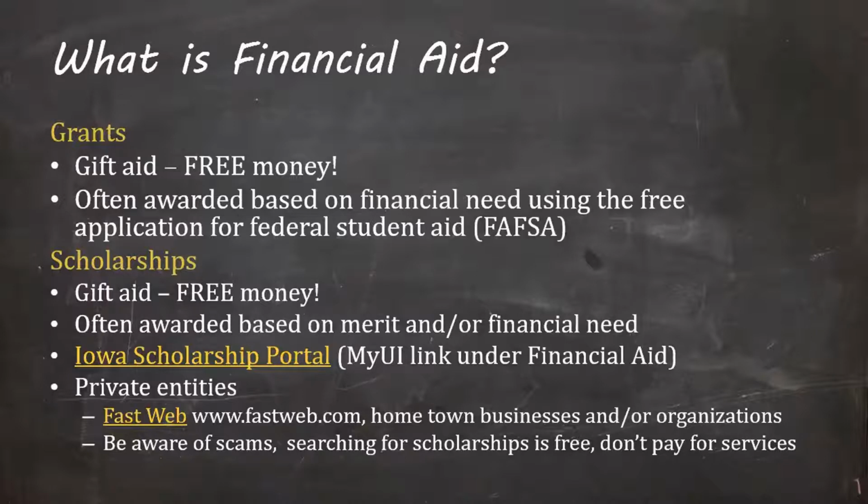Searching for aid is free, applying for financial aid is free. So just be aware of those. Plus, you also want to protect your identity. If you are looking for scholarships or financial aid online, the federal application will ask for your social security number, but I don't think that a scholarship application should ever ask for your social security number.